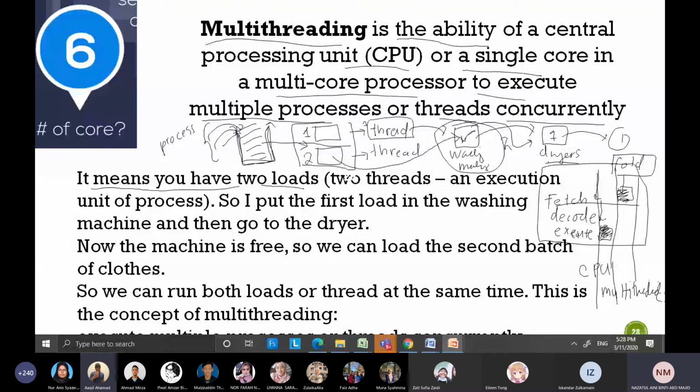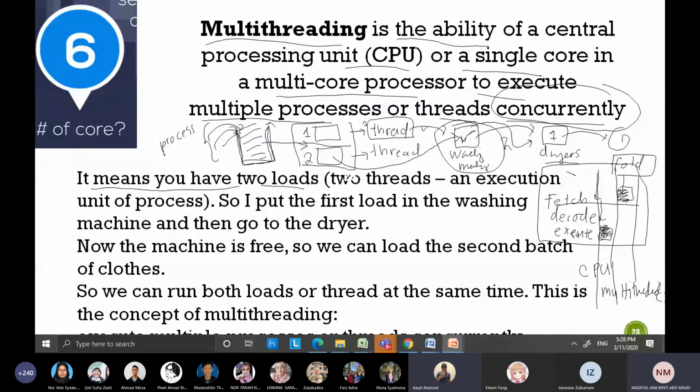Multi-threading is like we can do multiple processes at the same time. Is it like that? The CPU, yes, we call it concurrently. So at the same time, the unit of process, which we call a thread, can be processed by the CPU, but by different components.